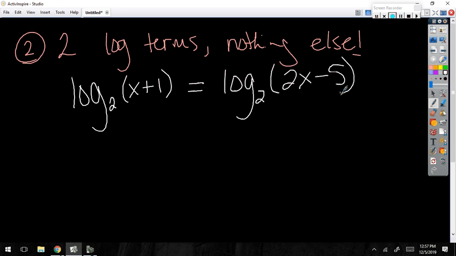If the logs have the same base and there is nothing but 2 logs in the equation, then you do x plus 1 equals 2x minus 5. It's like when the bases were the same, we dropped them and set the exponents equal. Here we drop the logs and set that little piece equal to each other, and we solve from there. Subtract x.